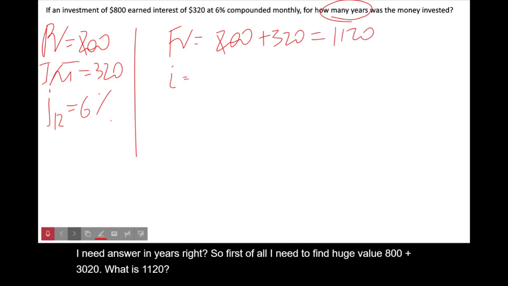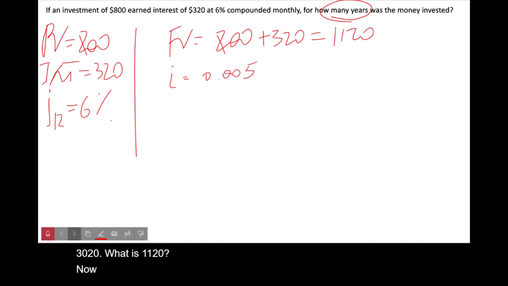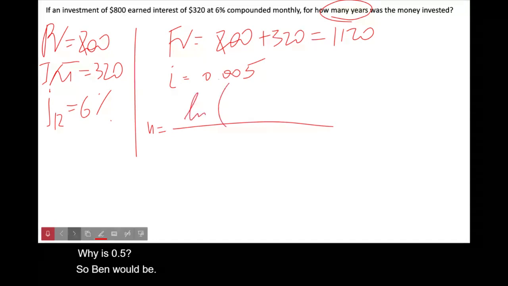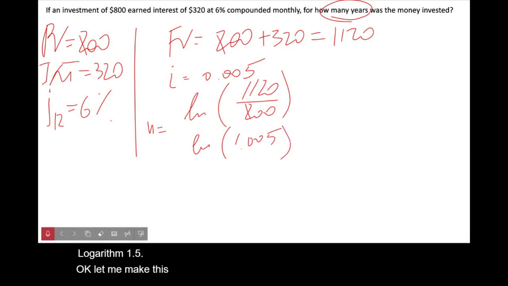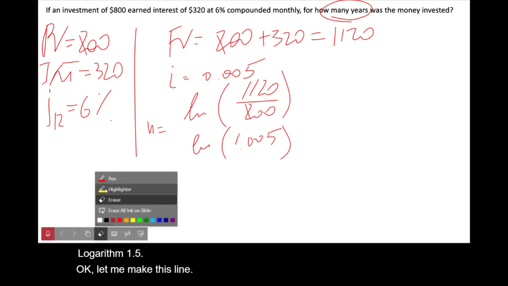Now I is 0.005, so n would be logarithm of 1120 over 800, divided by logarithm of 1.005. Let me make this line shorter.